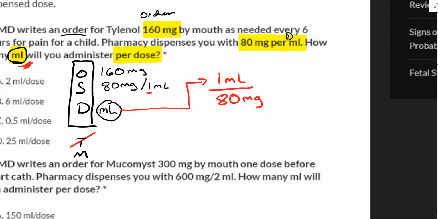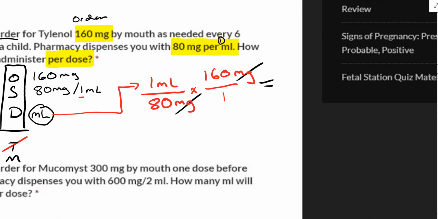The next thing we're going to do is see what cancels next. We're going to get that 160 milligrams because that's what the order is. Then we see if there's anything else that we need to do. No. So we can cancel out the milligrams. That leaves us with just milliliters, and that's what we wanted. So we end up with 160 over 80, and then we do that math.